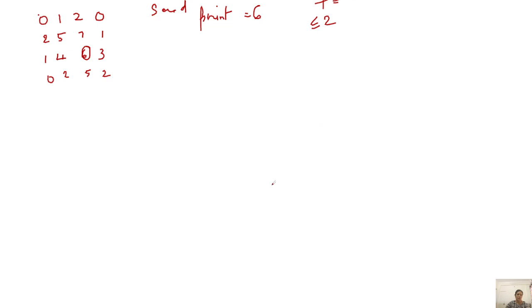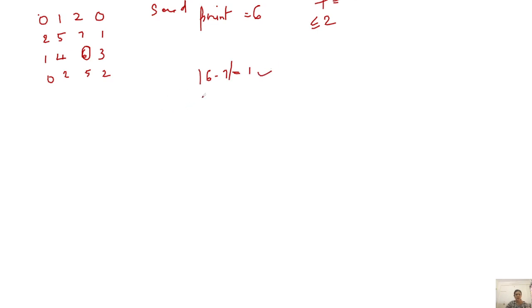So what are my 4 neighborhood pixels? First I take 6 minus 7. I take the absolute value, so it is 1. This satisfies the condition.